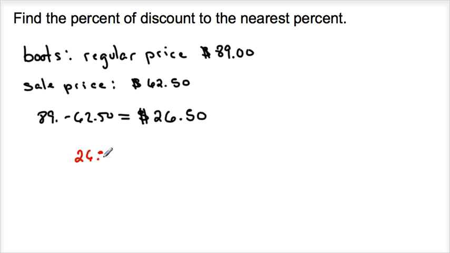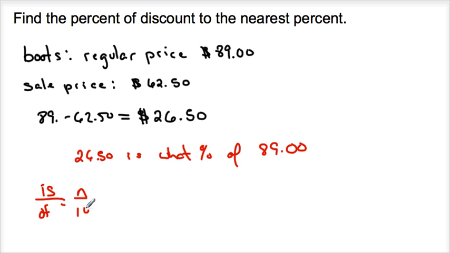Okay. So here's the question: $26.50 is what percent of $89? $26.50 is what I saved. $26.50 is what percent of $89? And now you can set up a proportion. What would be the proportion I set up? Excellent. I can use is over of equals n over 100. And then we could go from there.